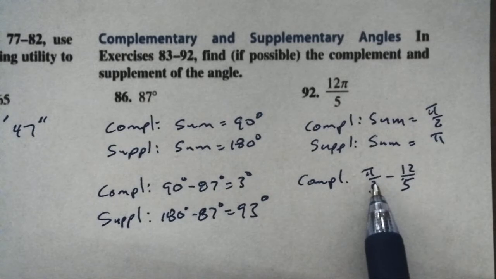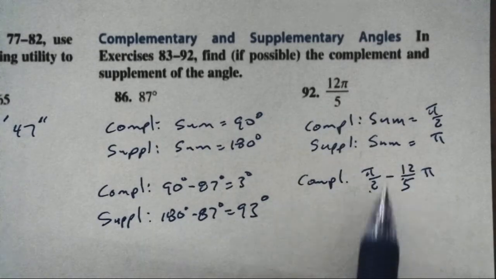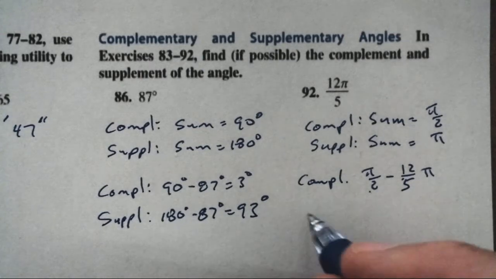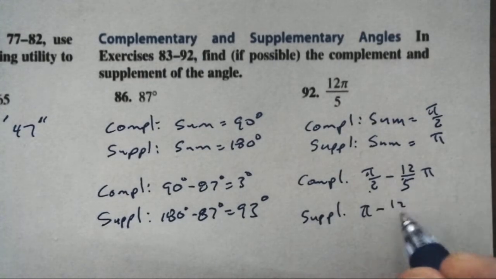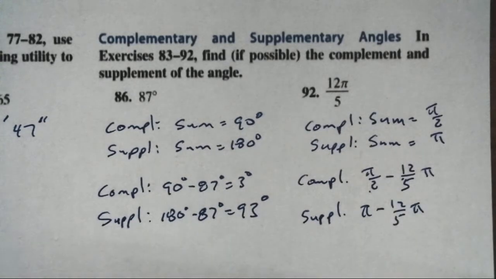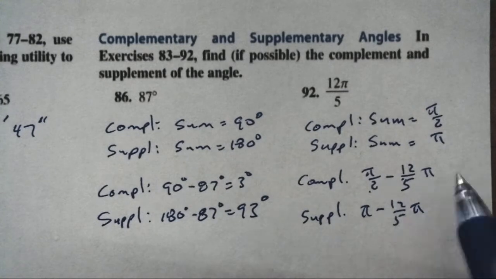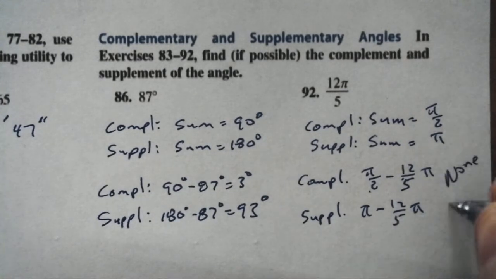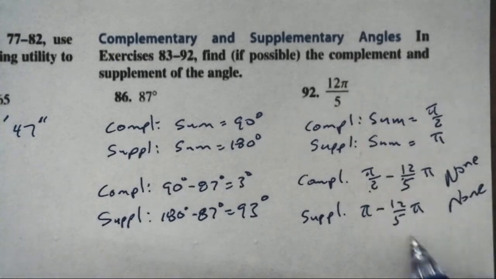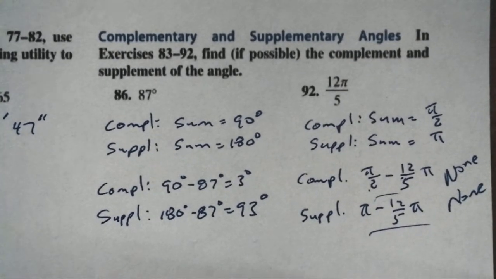There is no complement to that. 12/5 pi is in fact more than pi. This would give me a negative answer. And supplement, I need pi minus 12/5 pi. There's no supplement either, because my answer's already above pi. So none and none. But that's the process we would use to find it if one actually exists. That's why they have an if possible here.